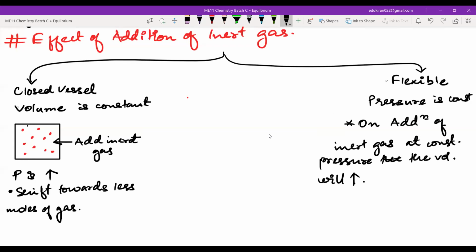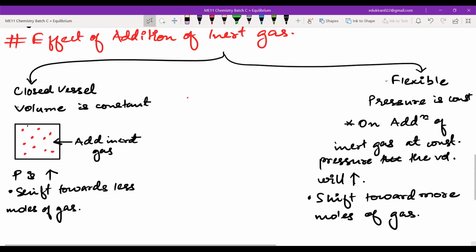Now, if the volume is increasing, the equilibrium will shift towards more moles of gas. Got it?